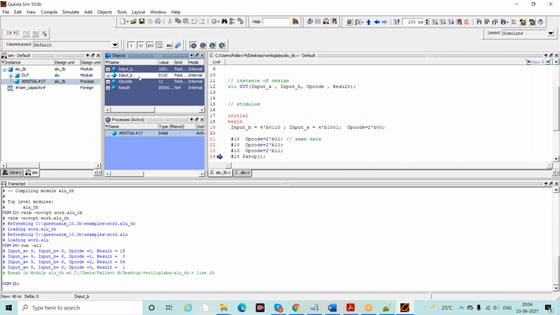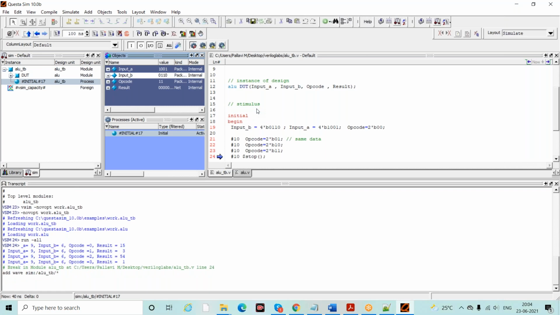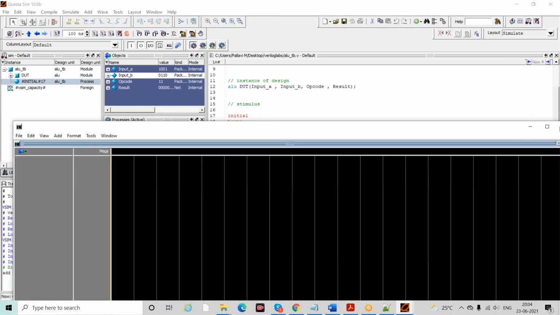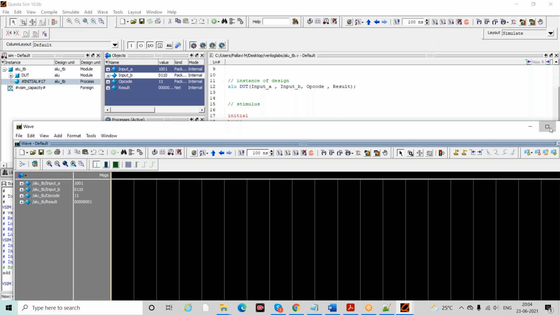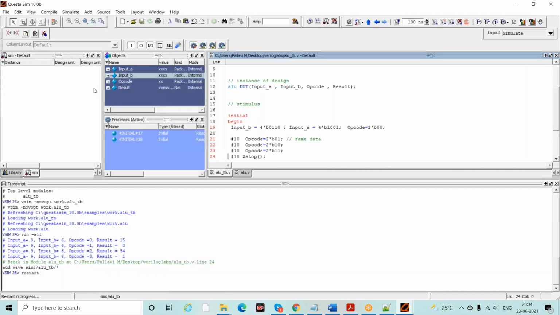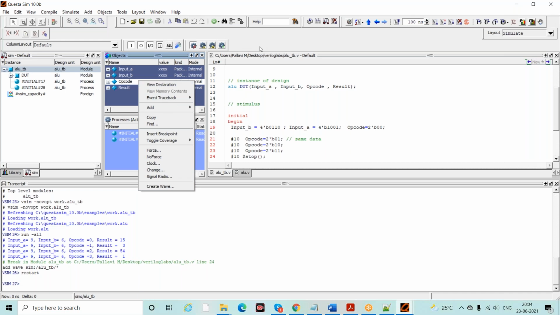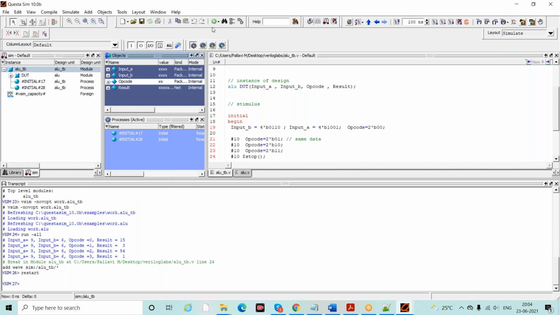And if you want to see waveforms, we already ran that, so again, run all.